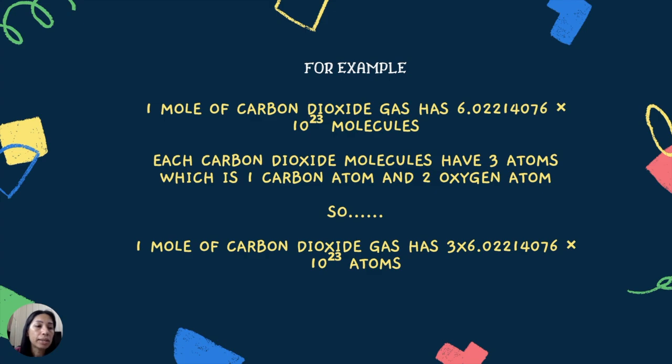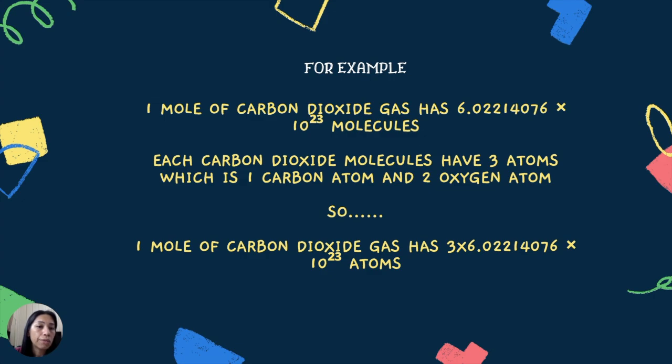We can say it in 2 ways. 1 mole of carbon dioxide consists of this many molecules. We know carbon dioxide is a molecule, so it is made up of 3 atoms, which is 1 carbon atom and 2 oxygen atoms.